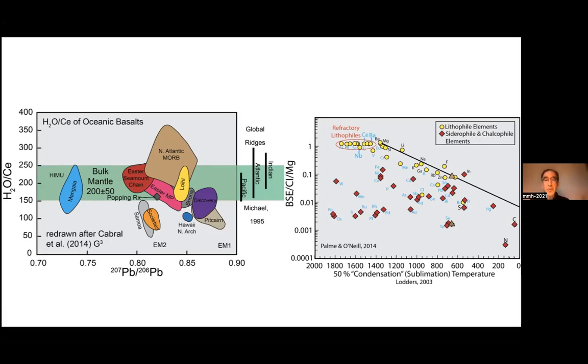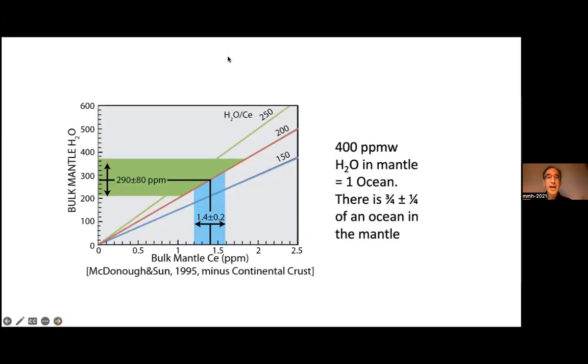So if we know the cerium concentration of the Earth's interior, and if we know the water-cerium ratio, then we know the water concentration of Earth's interior, except for the core, of course. I'm talking about the silicate portion of the interior. The result of this exercise is that there is approximately 300 parts per million water in the average Earth's mantle.